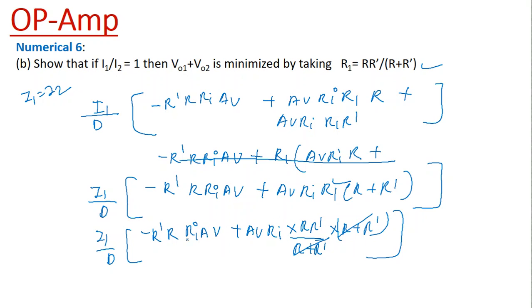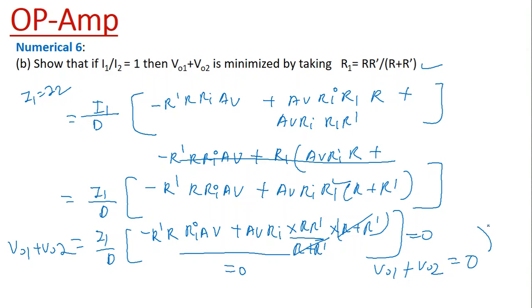You can see this term is becoming AV Ri R R dash, and here also minus of AV Ri R R dash. So what will this whole thing become? It is equal to 0. So VO1 plus VO2 minimum value, when R1 is equal to R R dash upon R plus R dash, is 0. So VO1 plus VO2 minimum value will be equal to 0 when R1 is equal to R R dash divided by R plus R dash.